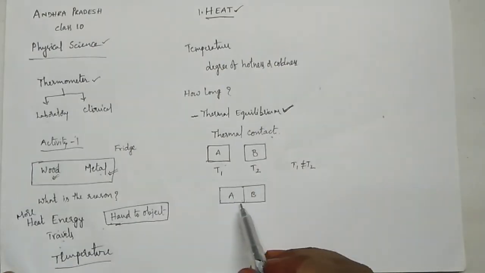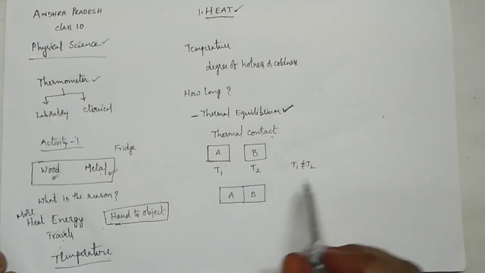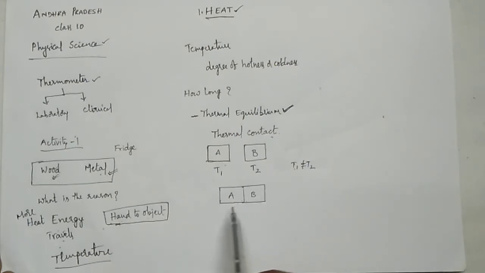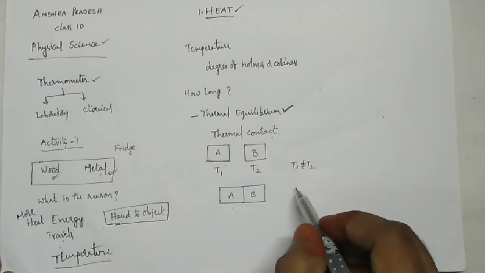In this thermal contact, as their temperatures are not the same, heat will travel from one object to another. It may be from A to B or B to A, based on whichever is greater.